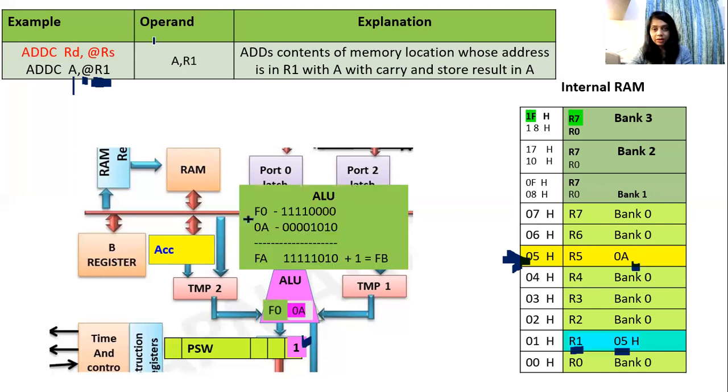So what will it do? It will take F0, that means contents of accumulator, then this 0A, that is contents of address 05. Then it will add. So it is FA plus 1. What is 1? It is carry. Add with carry. So it is adding carry, and the result is FB, and now FB will enter into accumulator.